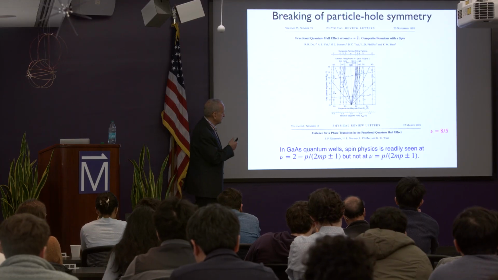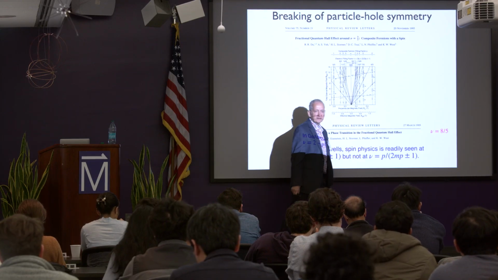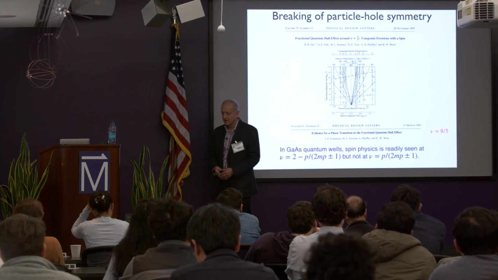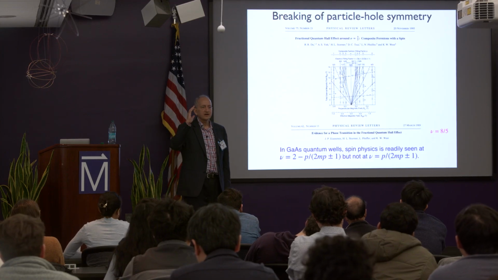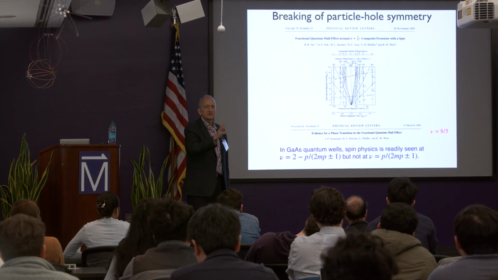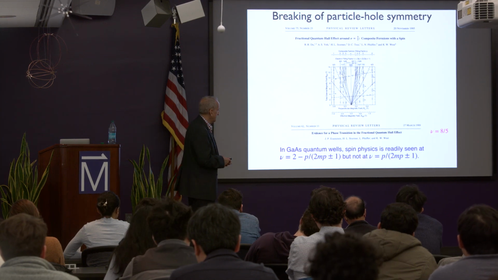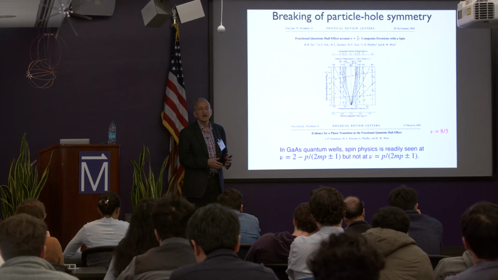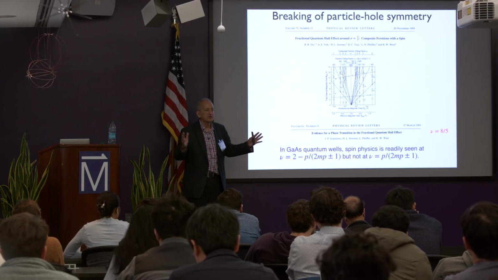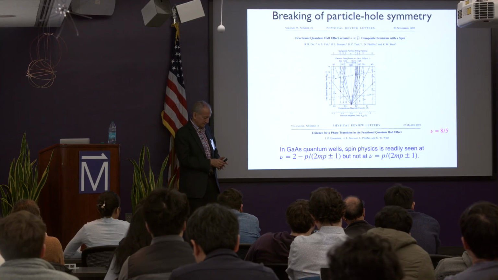So, for example, Jim Eisenstein was telling me he was the first to see a spin transition at filling factor 8/5. And he said he went to 2/5, and he went to the same magnetic field, so he reduced the density, but was not able to see it. The transition at 2/5 was seen much later by Wu and Kang. He had to apply pressure to reduce the Zeeman energy of the system, and then he could see it.